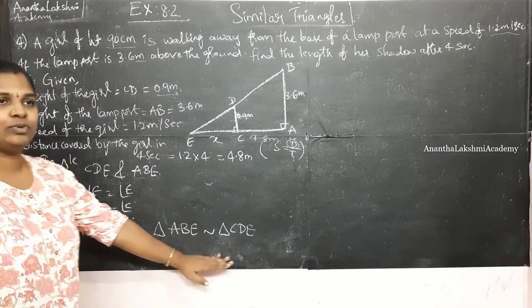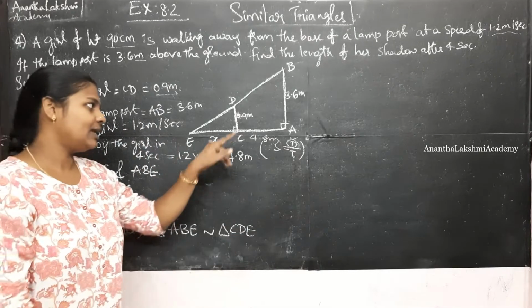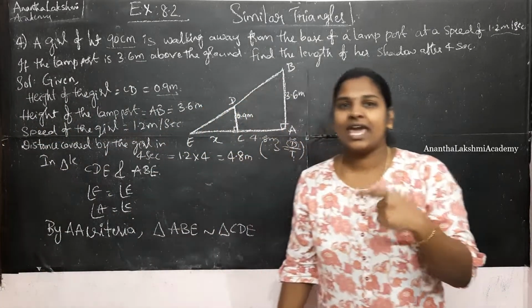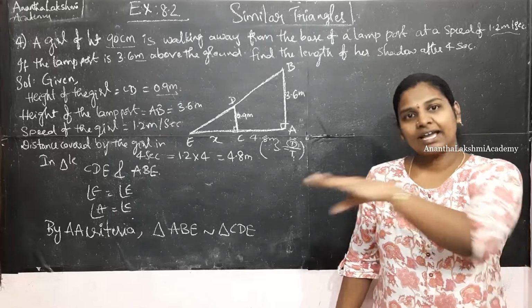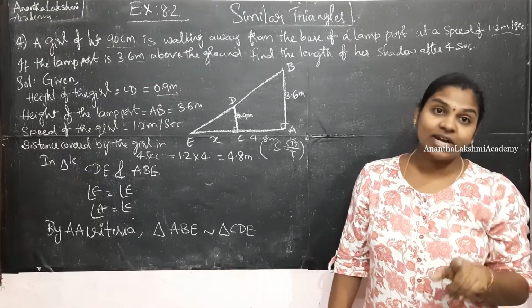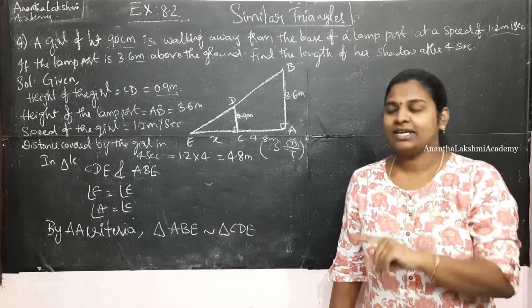Now that we proved that these 2 triangles are similar, can we figure out these ratios? Yes. What does the AAA theorem say? When the 3 angles of 2 triangles are equal, their corresponding sides are equal in ratio.